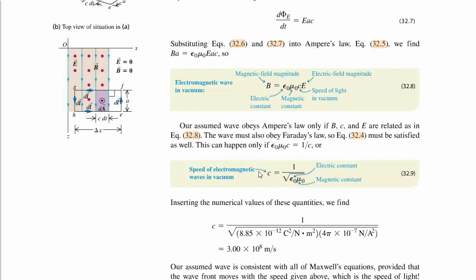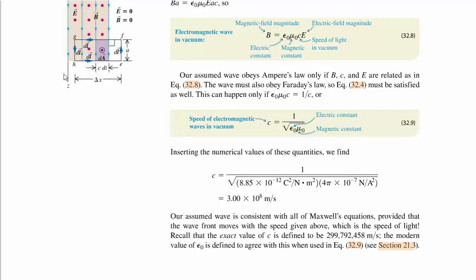So this is a pretty neat moment that here we have electricity, magnetism, and light all related in one formula. So if we plug in our values for epsilon naught and mu naught, we get the speed of light around 3 times 10 to the 8th meters per second.